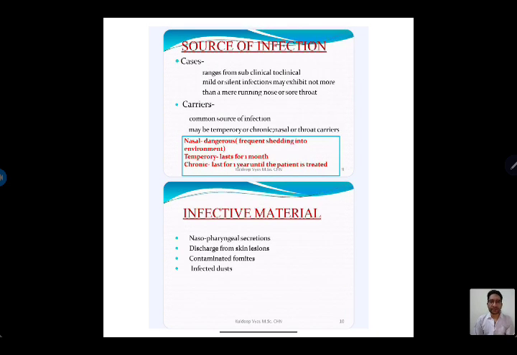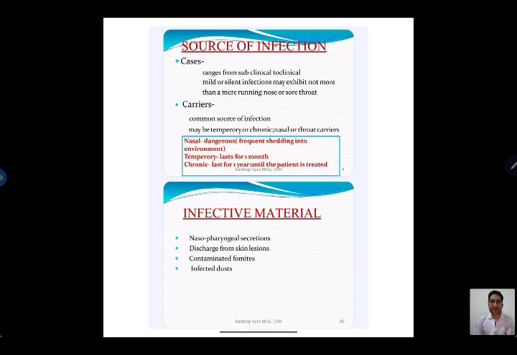Source of infection: the cases range from subclinical to clinical. Mild to silent infections may exhibit nothing more than a running nose or sore throat. The carrier state is a common source of infection, and may be temporary or chronic nasal or throat carriers. Nasal carriers are dangerous, with frequent shedding into the environment.